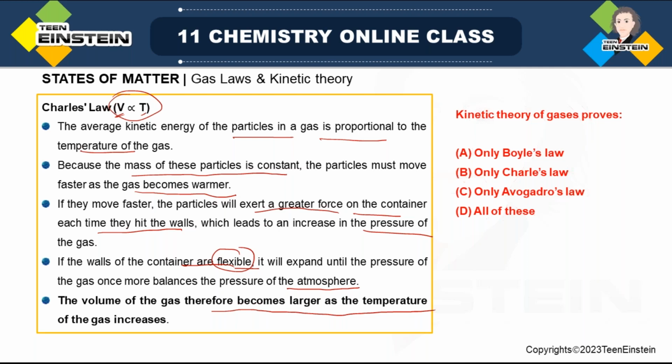We have just finished Charles law, which is already present in this slide, but we can also prove Boyle's law, that is the relationship between P and V, an inverse relationship, P is inversely related to 1 by V. Charles law you can already see here, and Avogadro's law hypothesis we also just finished in the previous slide. So that also you can explain based on kinetic theory. Basically all these three you can explain.